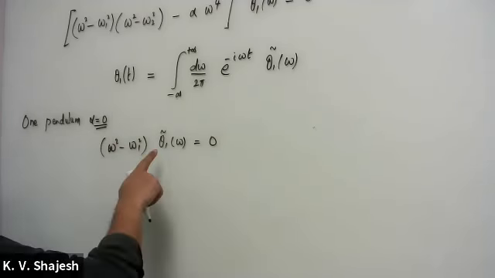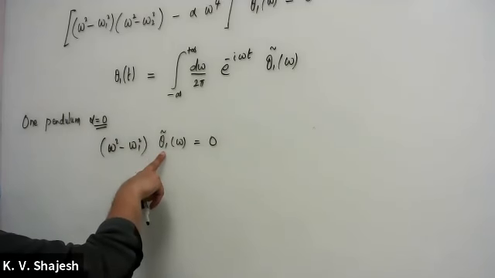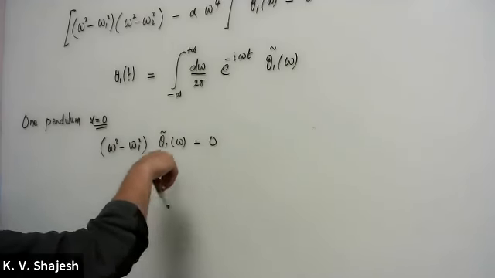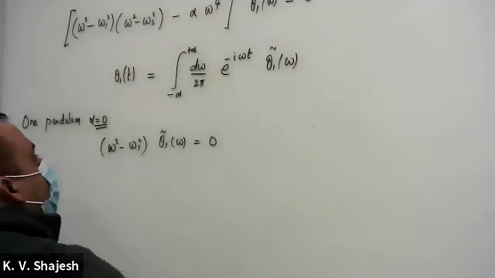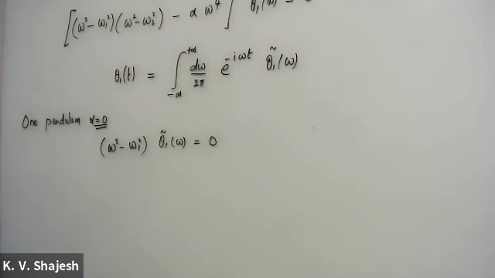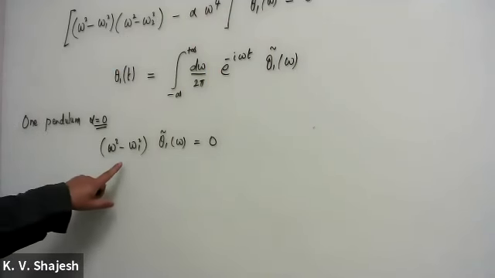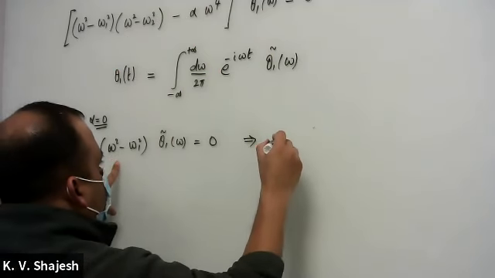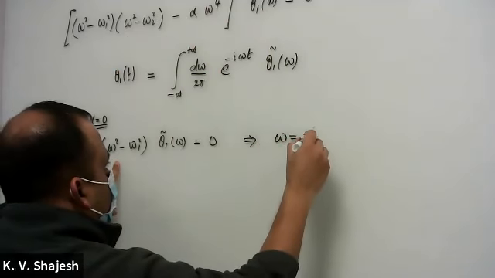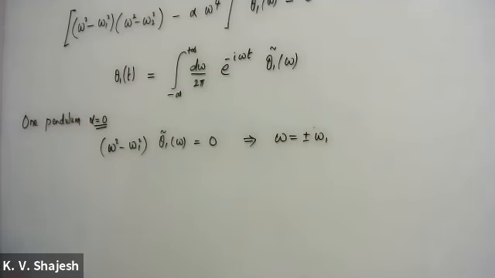If my theta 1 tilde was equal to 0, that gives me a trivial solution that theta 1 as a function of time is 0. So that's not very interesting. What is more interesting is what if omega is equal to omega 1. So this implies that omega is equal to plus or minus omega 1. Those are the only two possibilities.